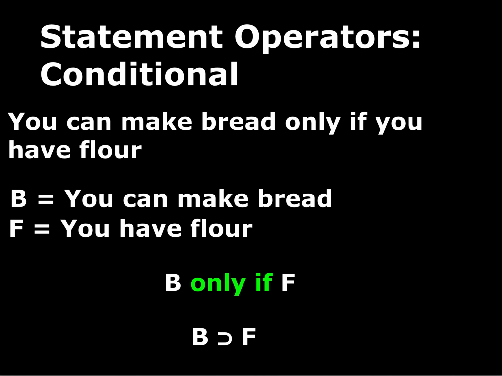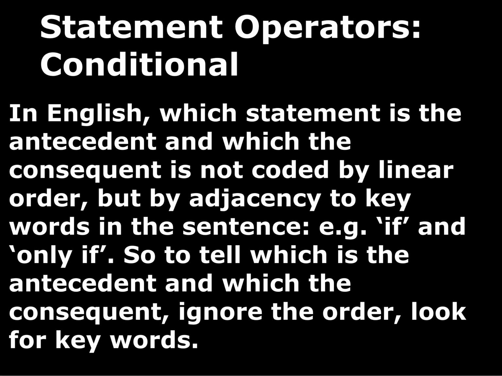Okay. Now I'm just going to summarize this. In English, when we're dealing with conditionals, which statement is the antecedent and which is the consequent is not coded by linear order. Which one shows up at the beginning of the sentence and which one shows up at the end isn't how you tell logically which is acting like the antecedent and which like the consequent.